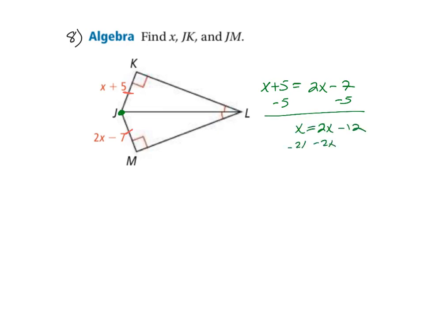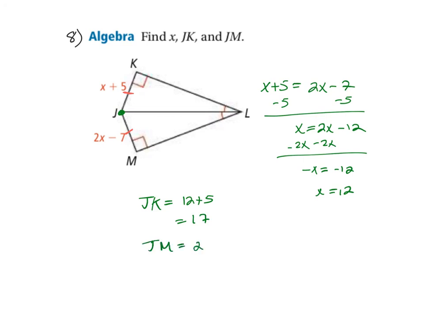Minus 2x, negative x equals negative 12, so x equals 12. So JK equals 12 plus 5, which is 17, because they are asking me to find x, JK, and JM. JM should also be 17: 24 minus 7 equals 17. And there I have my 3 answers.